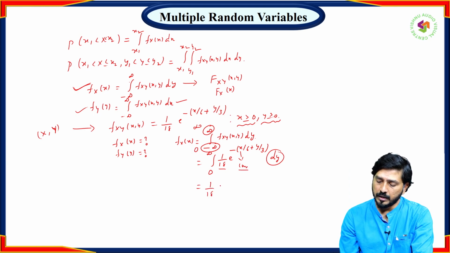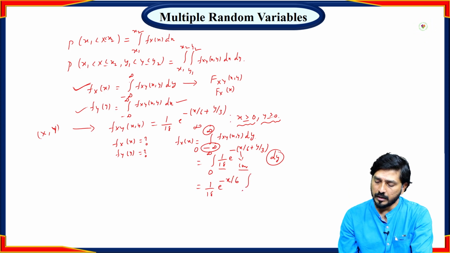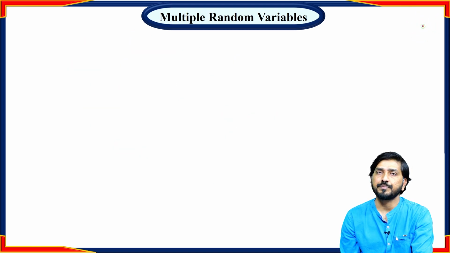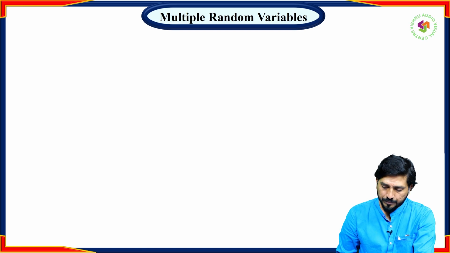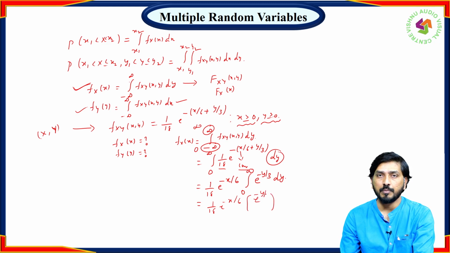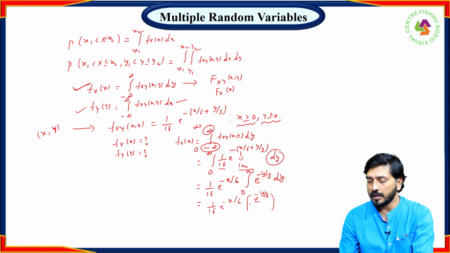1/18 e^(-x/6) times the integral from 0 to infinity of e^(-y/3) dy. Now the integration of e^(-y/3) gives e^(-y/3) divided by minus 1/3, evaluated from 0 to infinity.